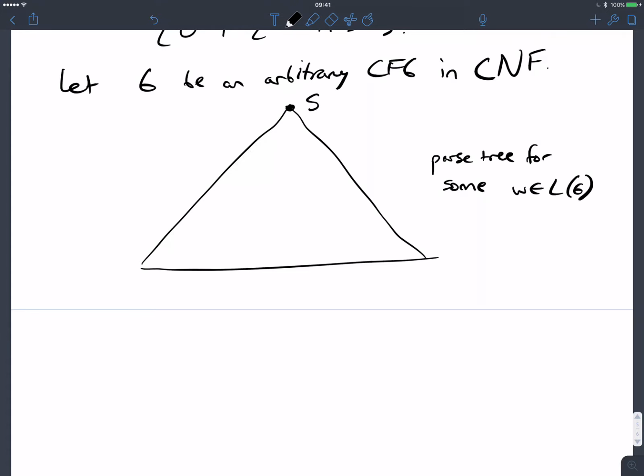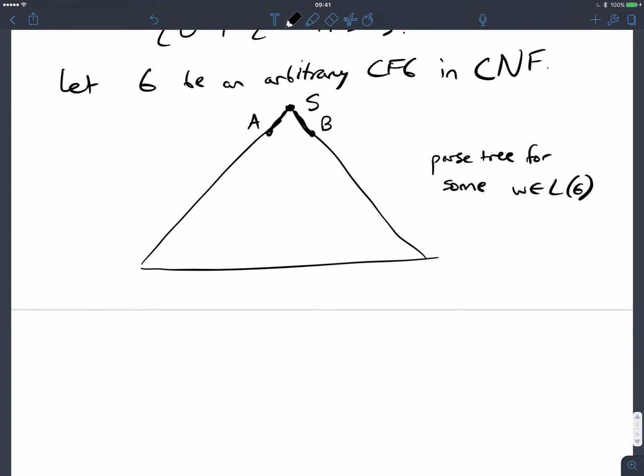The start variable, let's call it S. But what do I know about the children of S? How many children does it have? 2. Does it have more? No. Why? Because it's in CNF. What do I know that the 2 children are? Are they variables, or are they terminals, or what? They're variables. If I make the string long enough, let's say. So I know that the 2 children are variables.